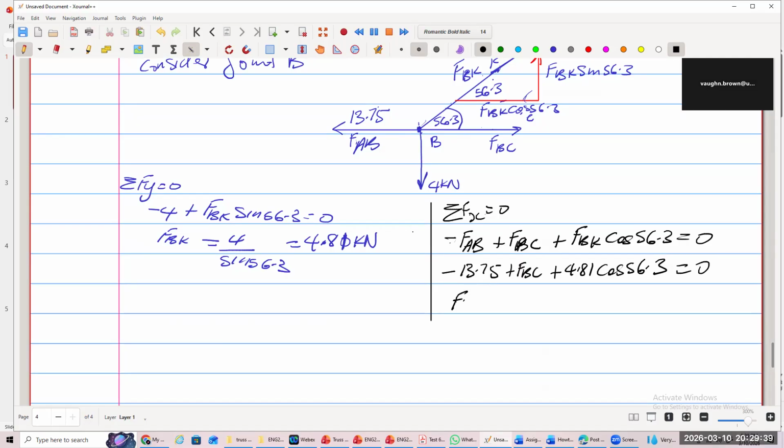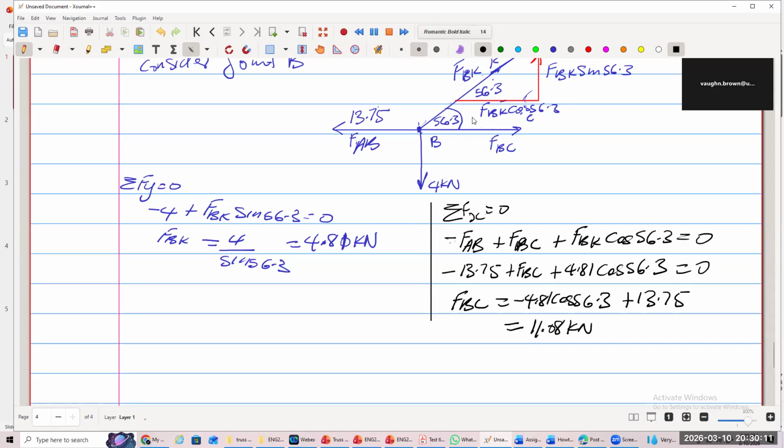BC equals minus 4.81 cos 56.3, and then you take that over, it becomes plus 13.75. What is the answer here, guys? 11.08. Some people say approximately 11.1 kilonewtons.